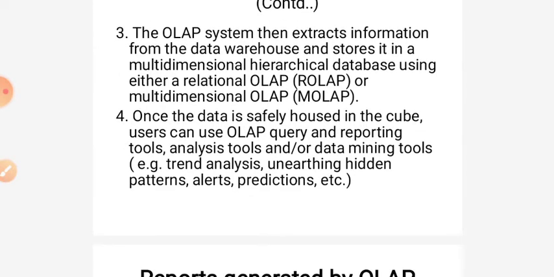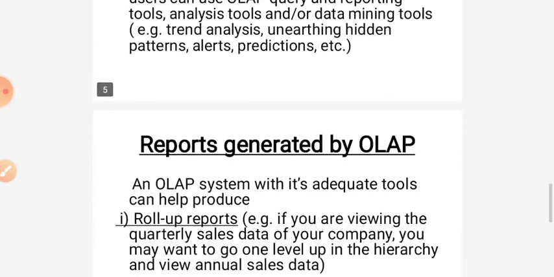Once the data is safely housed in the cube, users can use OLAP query and reporting tools, analysis tools, and or data mining tools. For example, data mining tools are trend analysis, unearthing hidden patterns, alerts, predictions, etc. So all these various tools can be applied.